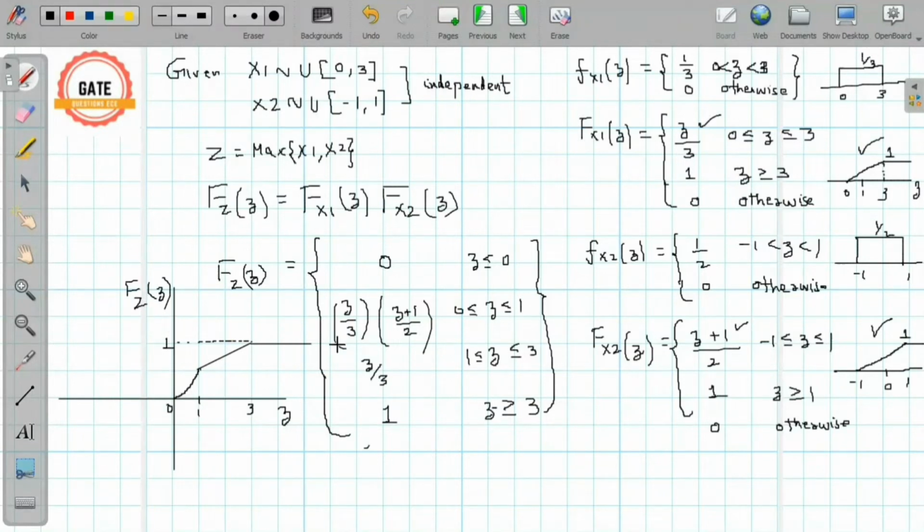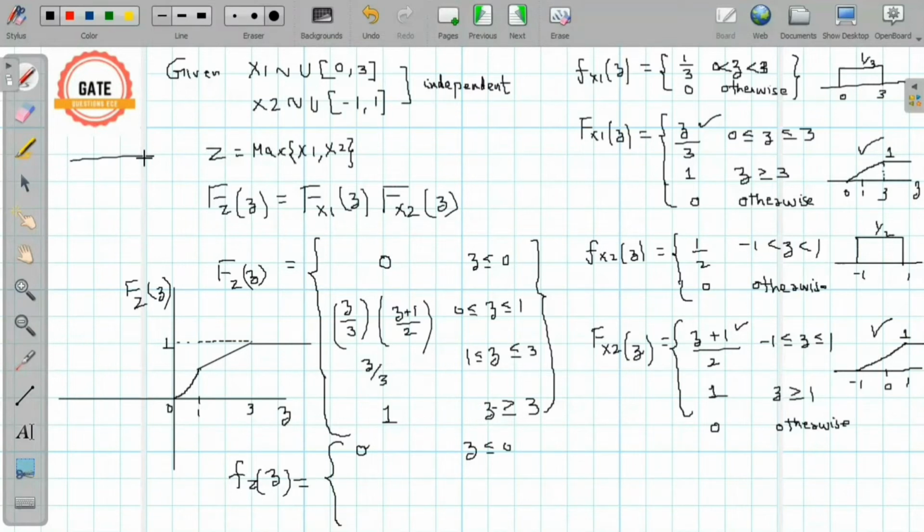So now we can easily obtain the PDF of z by differentiating this function. So the PDF of z, you can see it will be equal to 0 for z less than equal to 0. And in this range, we will have to differentiate this function. So let's rewrite this function over here.